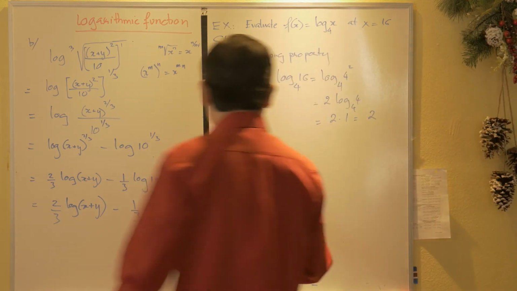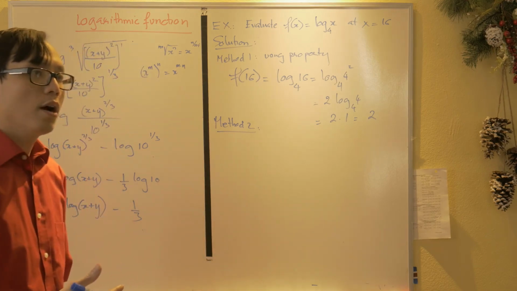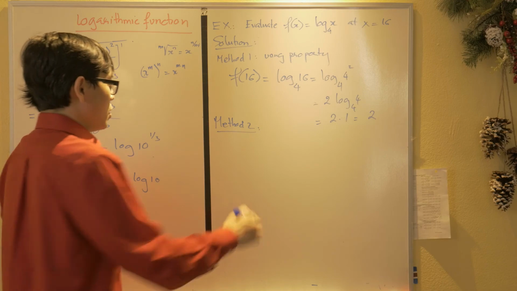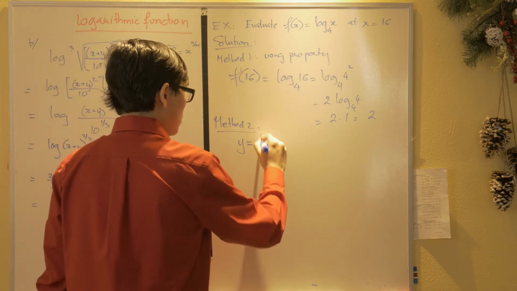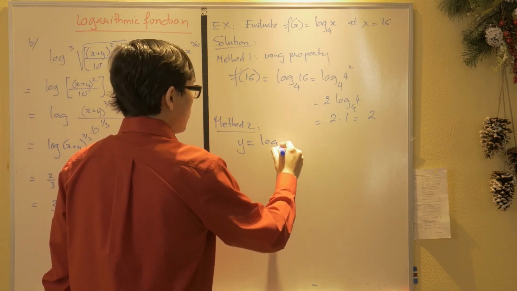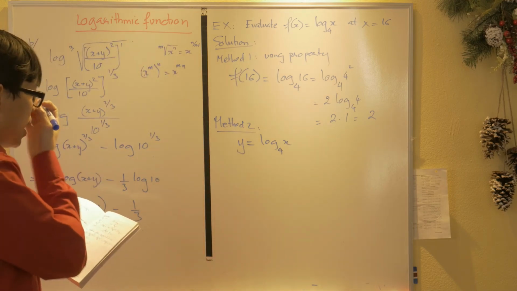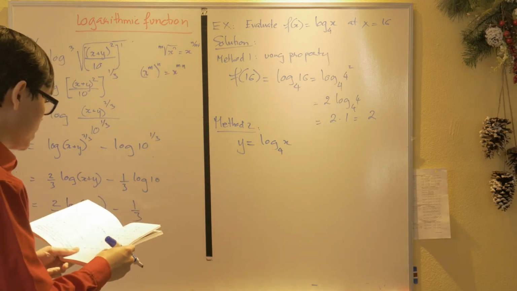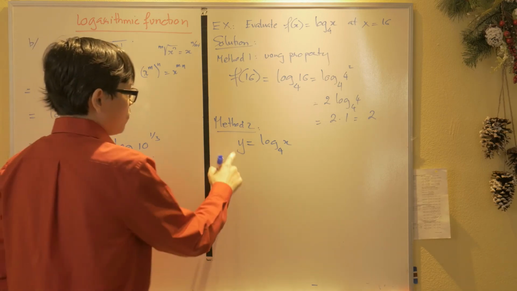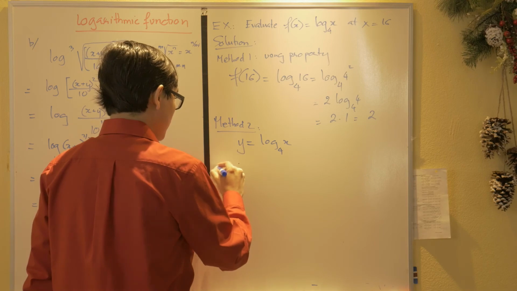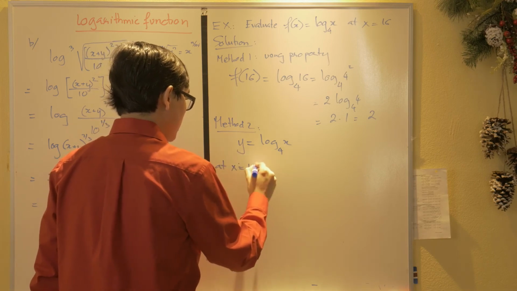The log principle is: y equals log base b of x, equivalent to x equals b to the y. So first of all, I write down log base 4 of x. And right now x is 16, and you want to find y at x equals 16.